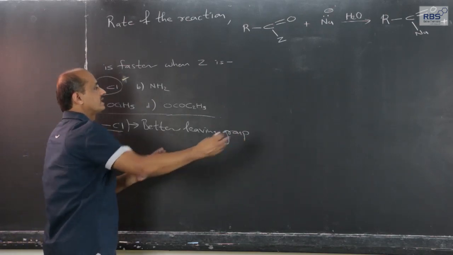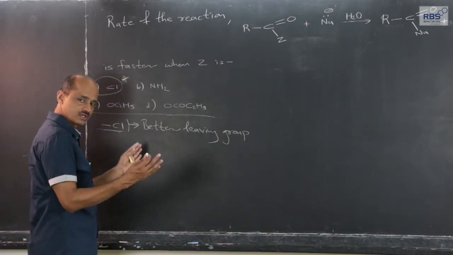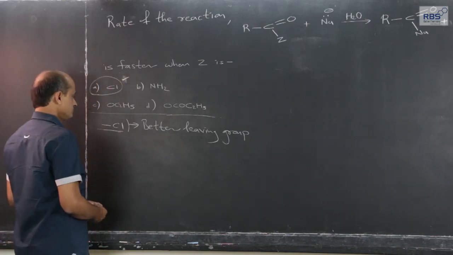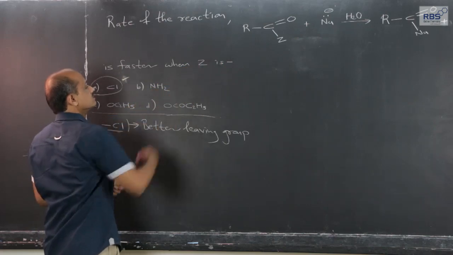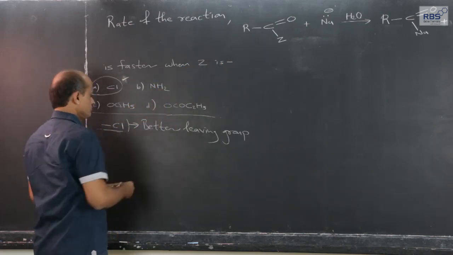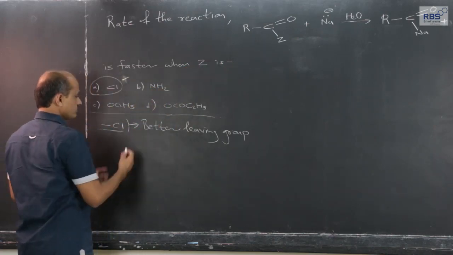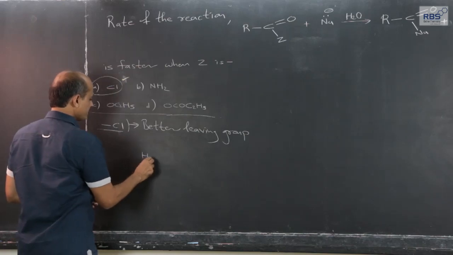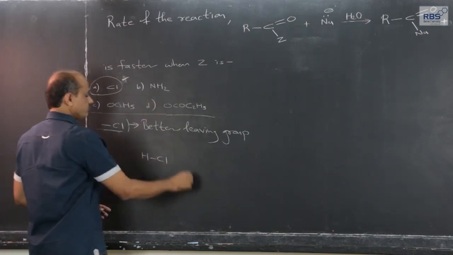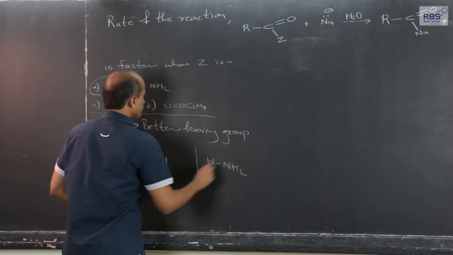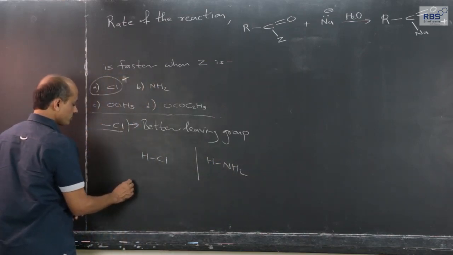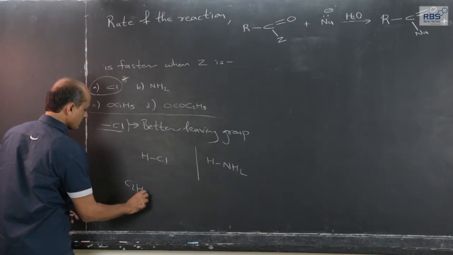The outgoing nucleophile and proton, if we collectively consider, if we consider all parts of Z separately, then this with proton will form HCl, this one with proton will form ammonia, this one with proton will form ethyl alcohol, right.